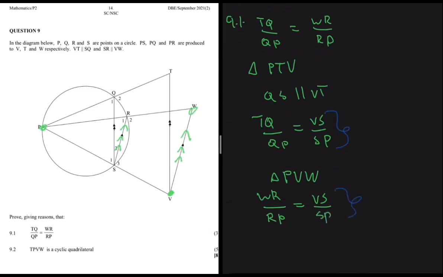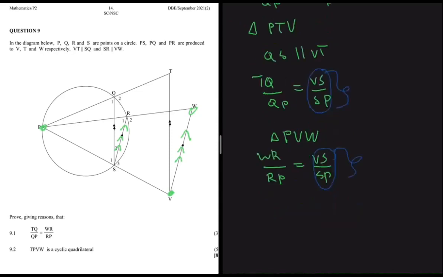But then how does that help us answer our question? I want you to realize something here. We're saying that TQ divided by QP is equal to VS divided by SP, and WR divided by RP is equal to VS divided by SP.